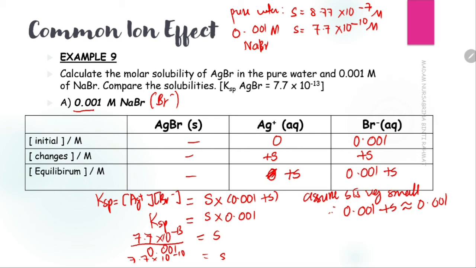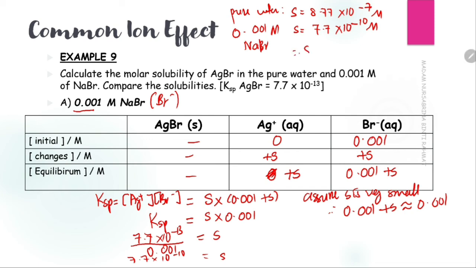So my molar solubility is smaller when I dissolve my silver bromide in the sodium bromide solvent. That means the solubility is smaller when we have a common ion present between the salt and the solvent.